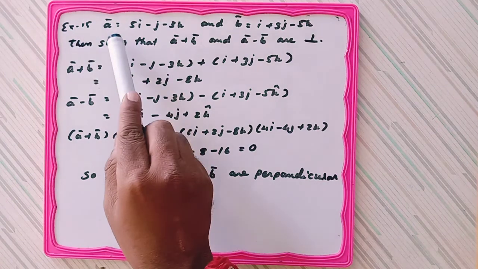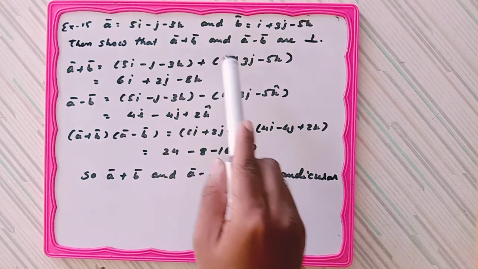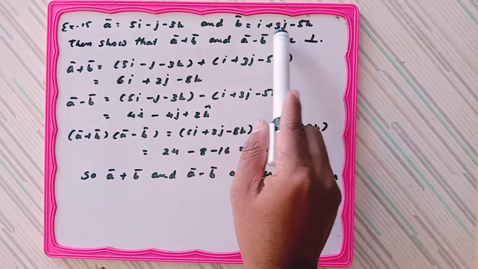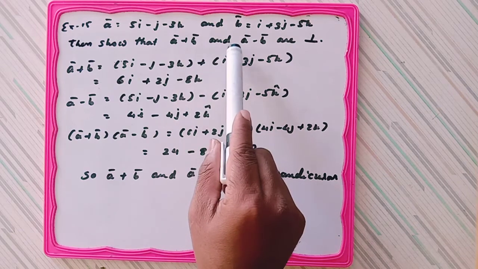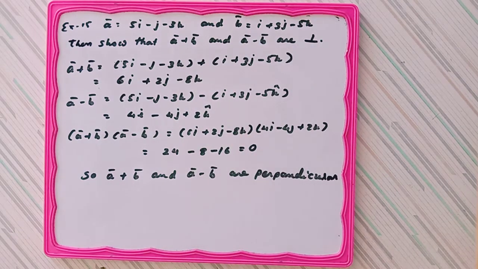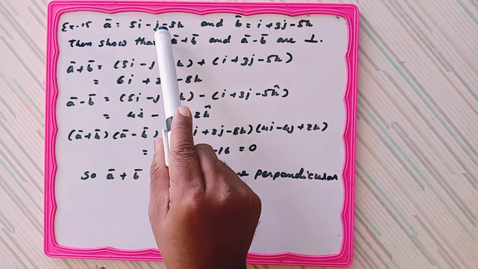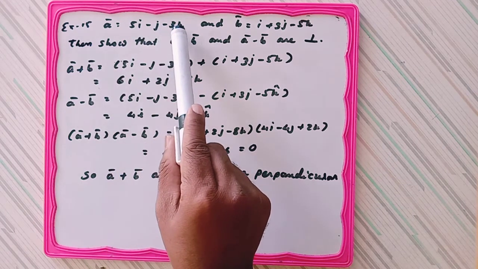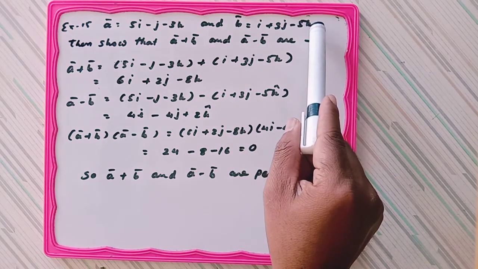Now example 15, we have a bar equals 5i minus j caret minus 3k caret and b bar equals i plus 3j minus 5k. Then show that a bar plus b bar and a bar minus b bar are perpendicular to each other. So first we find a bar plus b bar: 5i minus j minus 3k plus i plus 3j minus 5k.